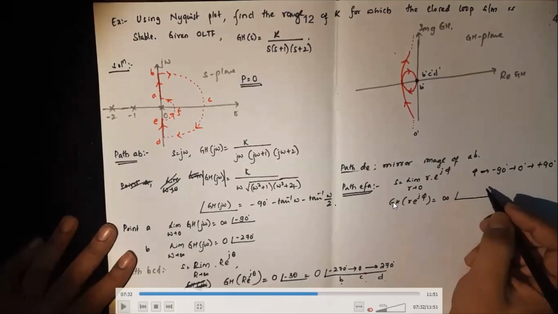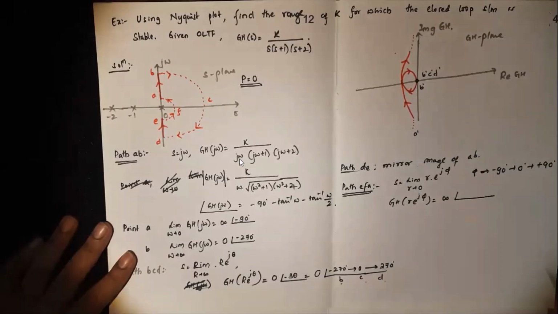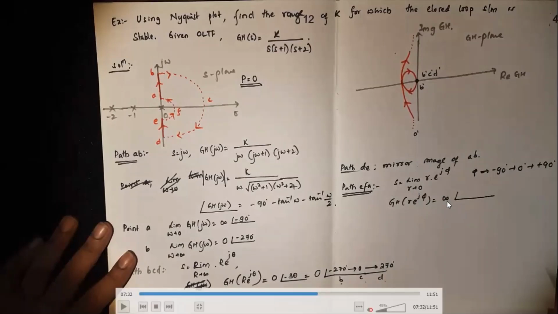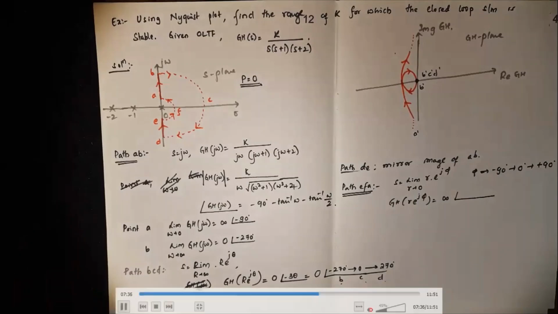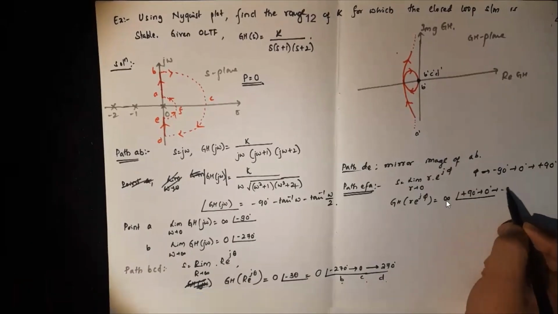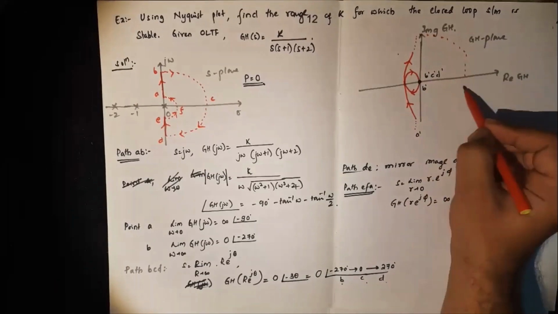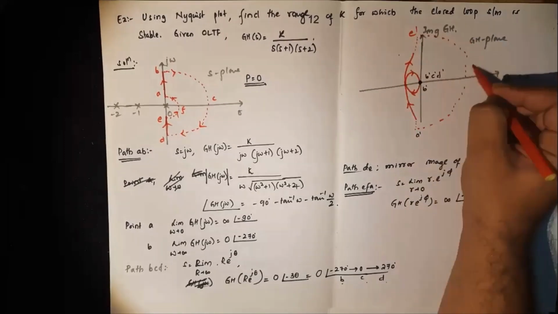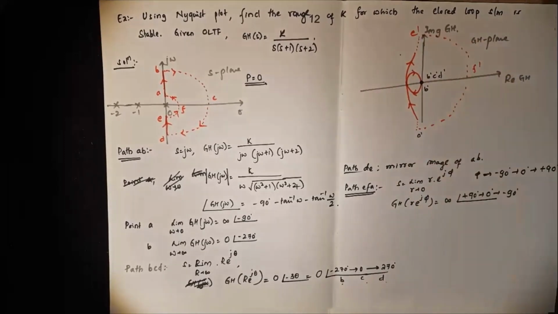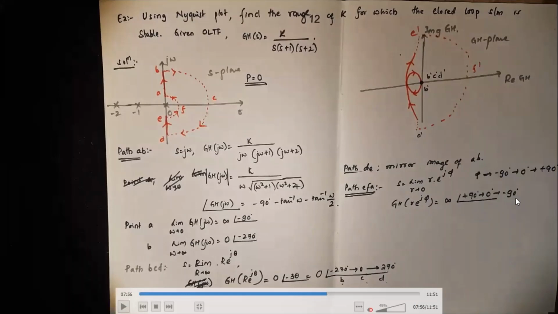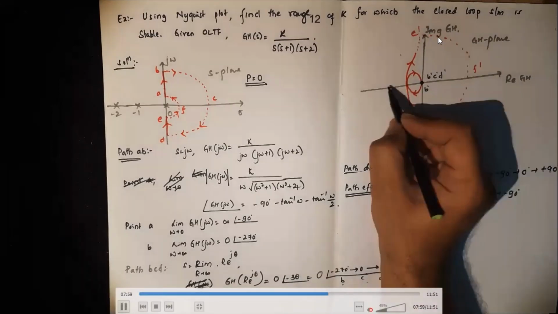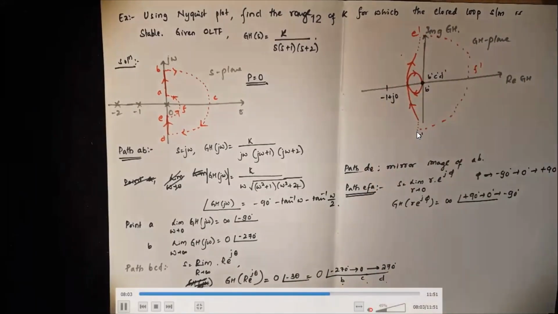So when you substitute r equal to 0, the pole at origin will cause the magnitude to become infinity, and angle is substituted, and it will become plus 90 to 0 to minus 90. Please evaluate this part, I will leave it as work for you. So when it is plus 90, it starts from here, then 0, minus 90 here.